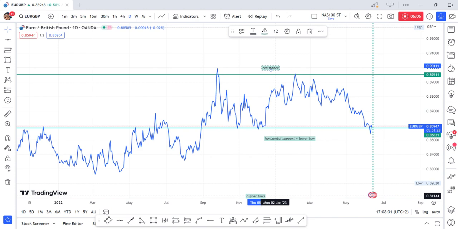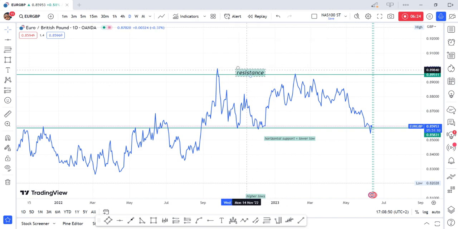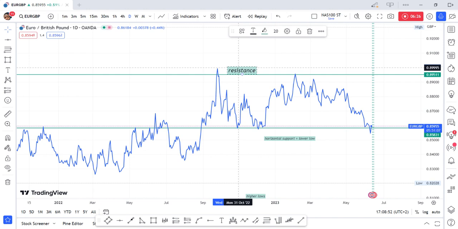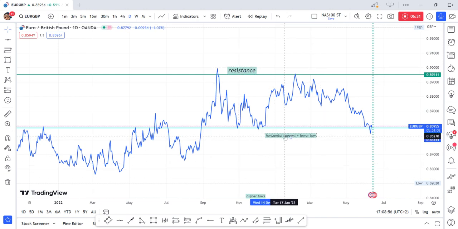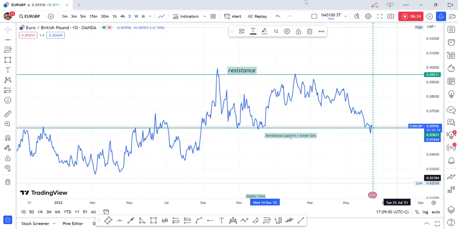So this is resistance. This is where we find the suppliers. If you are a drug dealer, that means you are going to be waiting for your suppliers exactly here. And horizontal support, let's put it here.